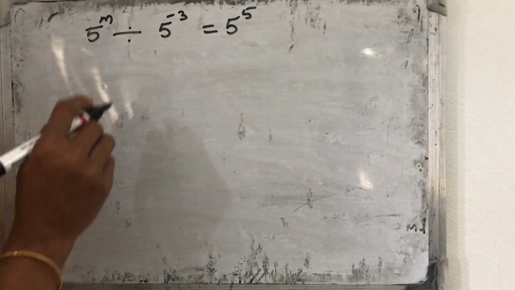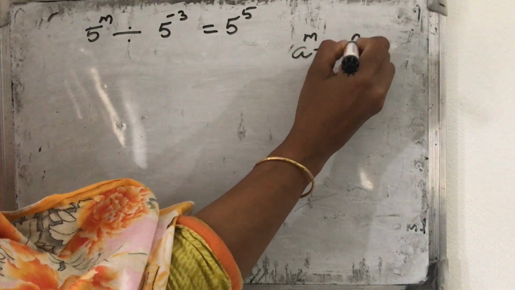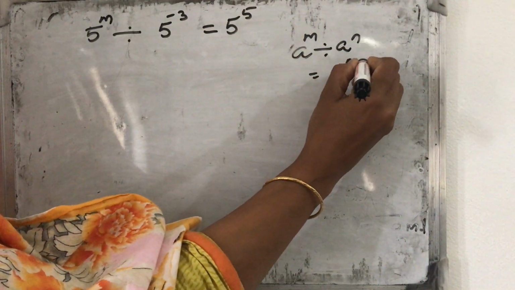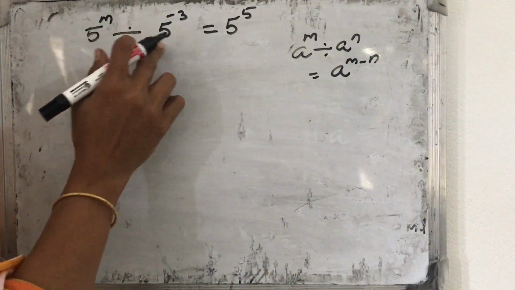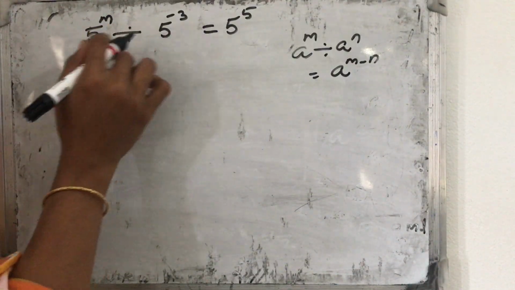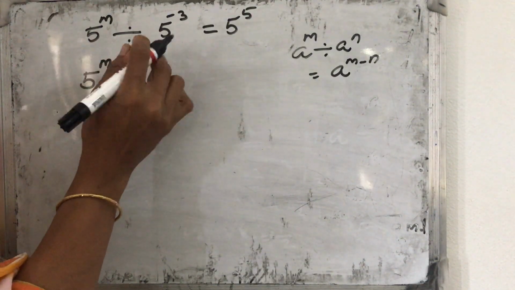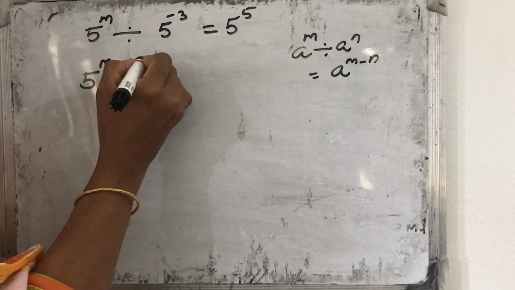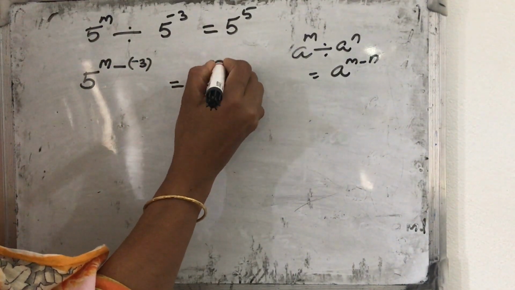Okay, we know a raised to m divided by a raised to n is what? That means a raised to m minus n. The bases are the same, so instead of these two, we can write 5 raised to m minus minus 3, that is 5 raised to m plus 3. That is given as 5 raised to 5.